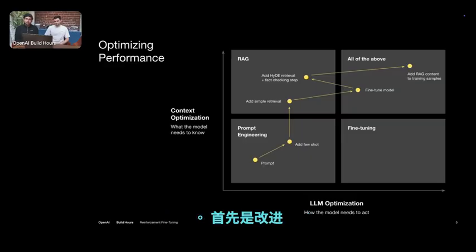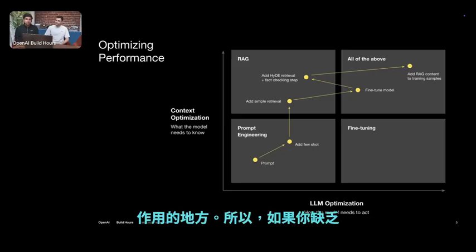The first is to improve what the model knows, and this can be handled with context engineering techniques such as better prompting or retrieval augmented generation, and also to improve how the model reasons. That's the second lever. This is where fine-tuning comes in. So if you're missing knowledge, start with prompting and RAG, but if the model knows the facts, but still struggles to apply them or reason about them accurately, that's where fine-tuning would come in.